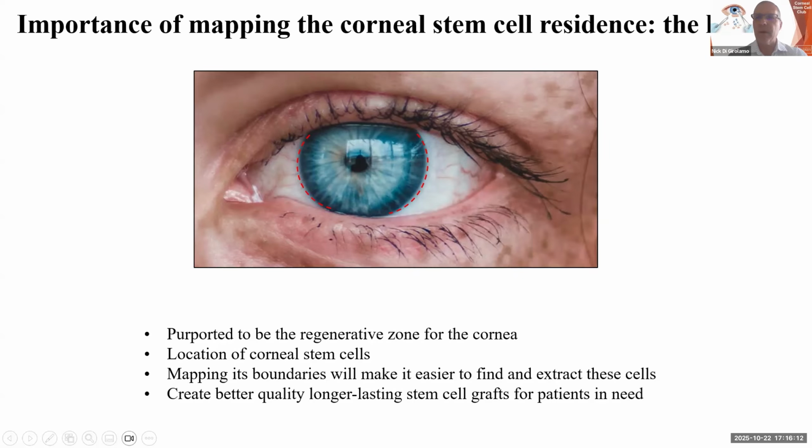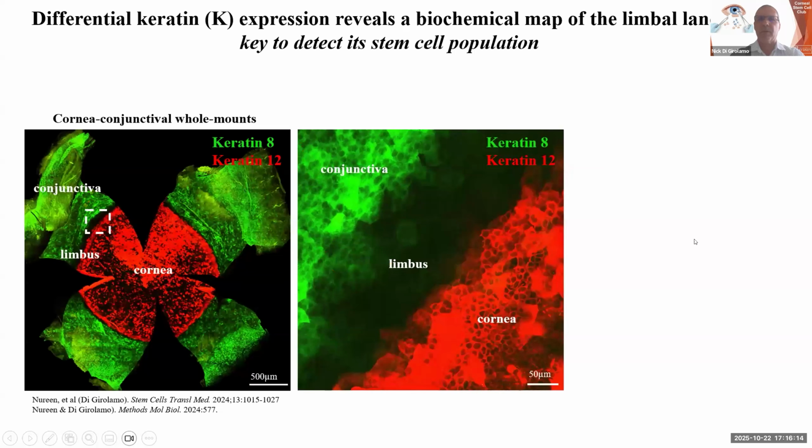We've begun to map the landscape and, I guess, the confines of the limbus using two markers: keratin 8, which stains conjunctival cells in green, and keratin 12, which stains corneal cells in red.